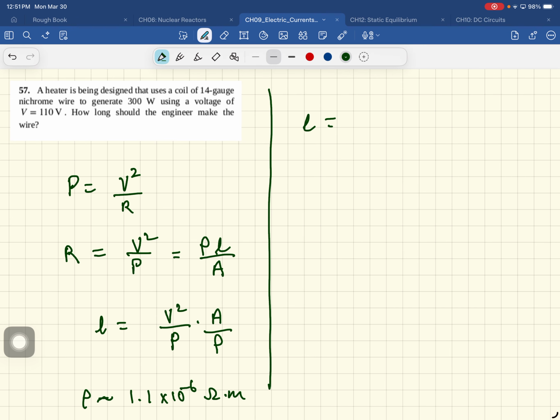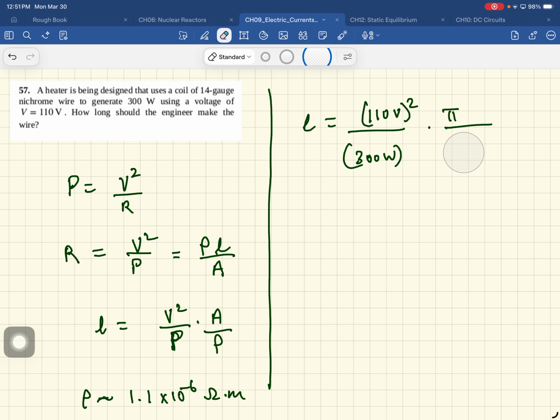So the length of the wire is, P is 110 volts square, power is 300 watts, area is pi d square by 4, and resistivity is 1.1 into 10 to the minus 6 ohm meter.